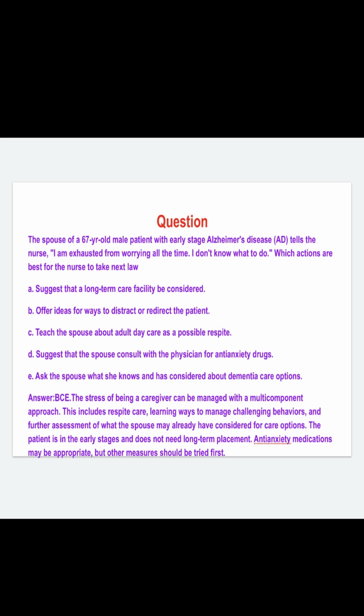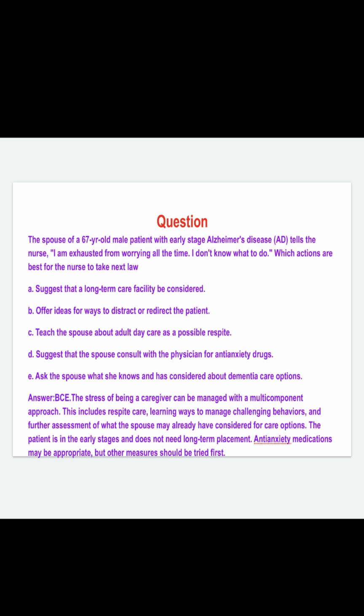The answer is B, C, and E. B, offer ideas for ways to distract or redirect the patient, C, teach the spouse about adult daycare as a possible respite, and E, ask the spouse what she knows and has considered about dementia care options, because the patient's caregiver may be so exhausted, so sometimes she also needs a break, and she also needs help to take care of that patient.